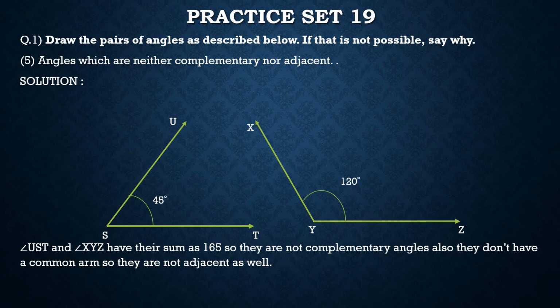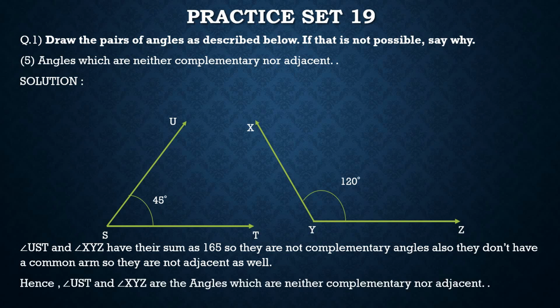So they are not complementary angles, because if the sum of the measures of two angles is 90 degrees, then they are said to be complementary. Here the sum is 165 degrees, so they are not complementary. Also, they do not have a common arm, so they are not adjacent as well. Hence, angle UST and angle XYZ are neither complementary nor adjacent.